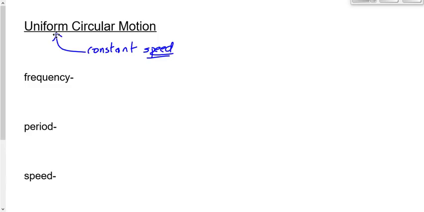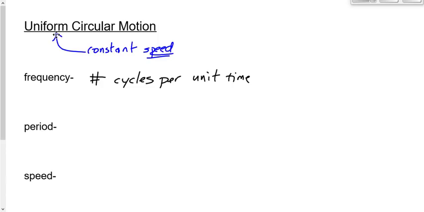In physics, we define frequency as the rate at which something happens, or we could simply say the number of cycles per unit time. The number of cycles per unit time. We could say, as the keys go around my head, the number of revolutions of the keys per second.